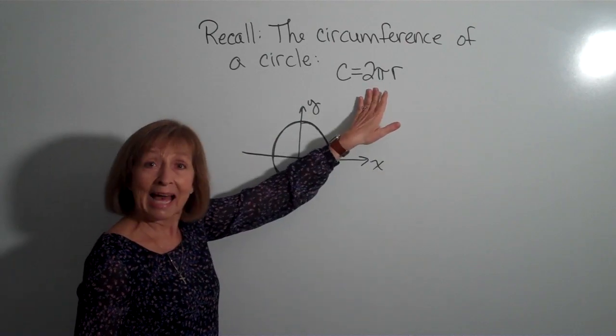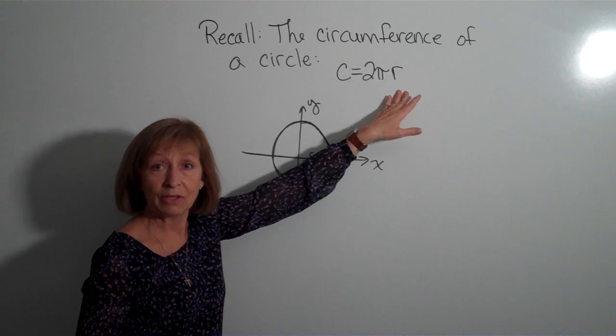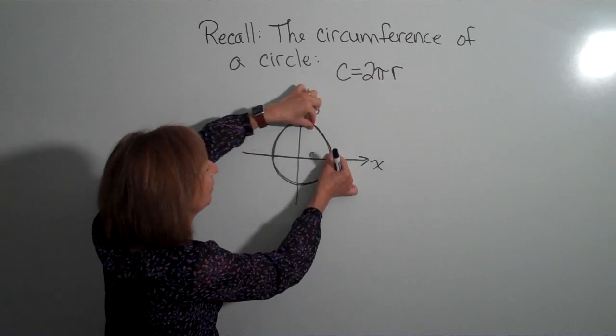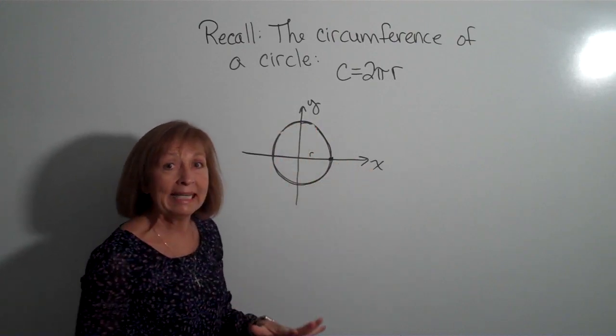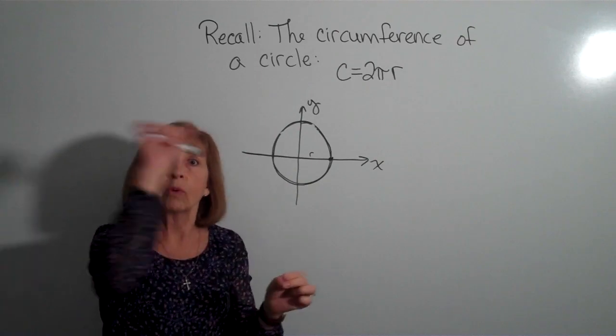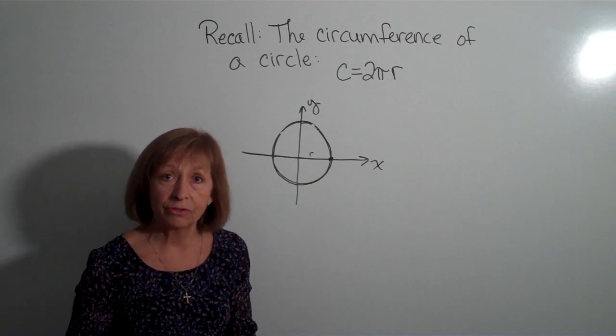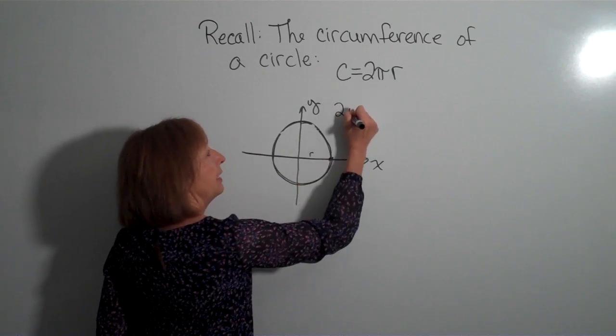So if the circumference is 2 pi times r, and laying the radiuses out gives me my radians, then for any given circle, there are 2 pi radians around the outside edge of the circle.